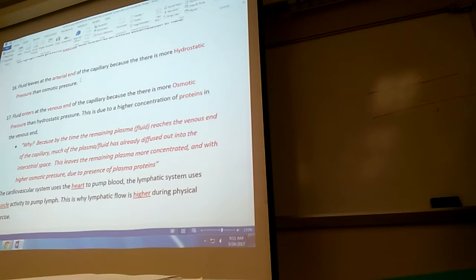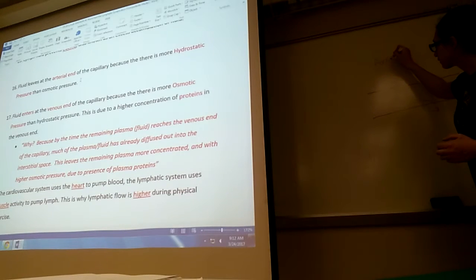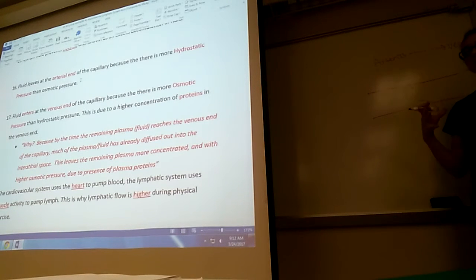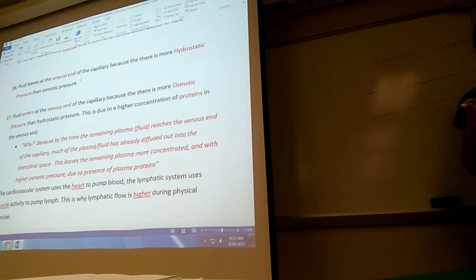Because it goes from arteries to veins, right? That's the movement of blood. So what is something that causes hydrostatic pressure? Higher blood pressure. What causes high blood pressure?